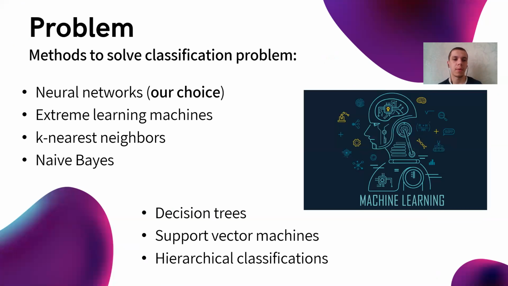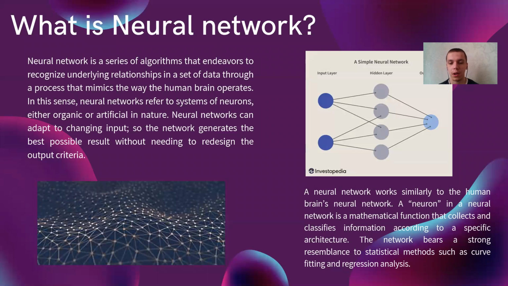To solve this problem, there are a lot of methods in machine learning, for example, extreme learning machines, nearest neighbors, naive Bayes, decision trees, support vector machines, hierarchical classification, and neural networks. That's our choice. So what are neural networks? Neural networks are a set of algorithms modeled loosely after the human brain that are designed to recognize patterns.